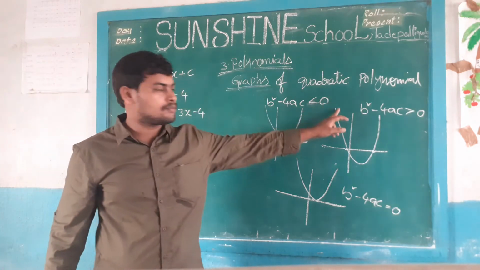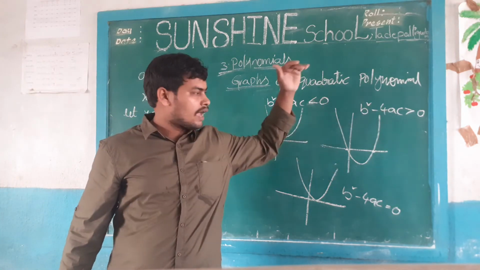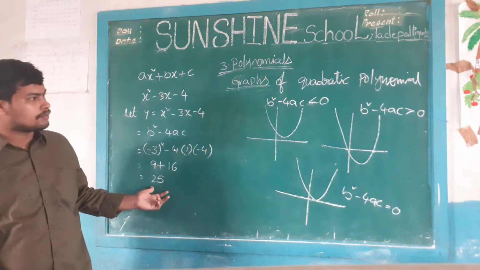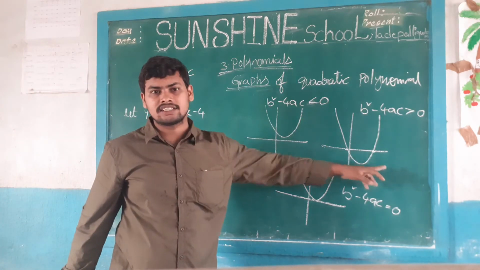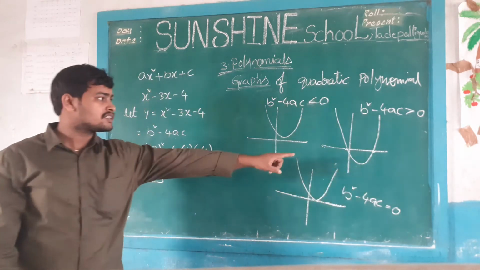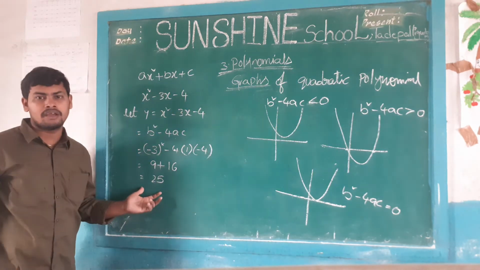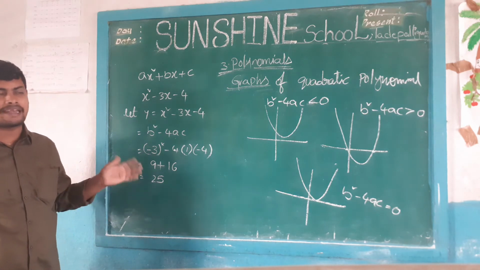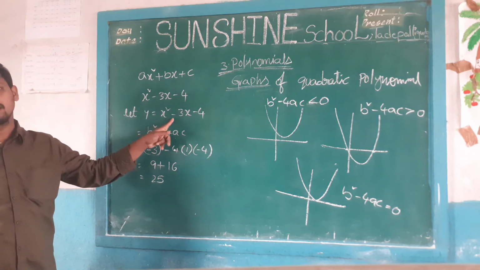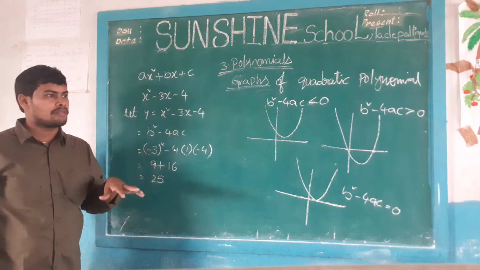So the graph is like this. Definitely the graph intersects the x-axis at only 2 points because 25 is greater than 0. Now generate the points of this quadratic polynomial. We already know how the graph comes.